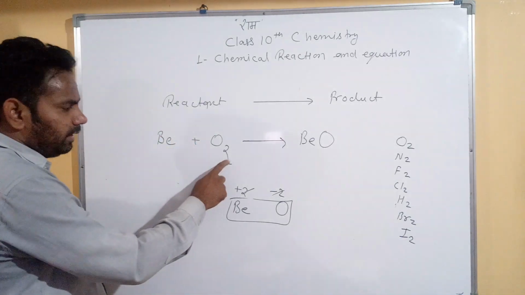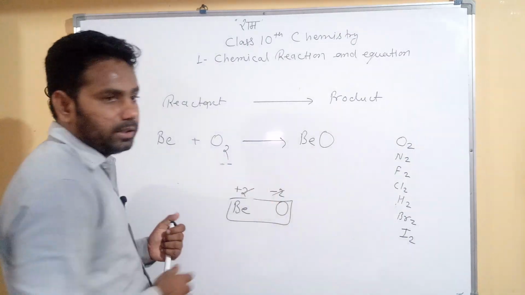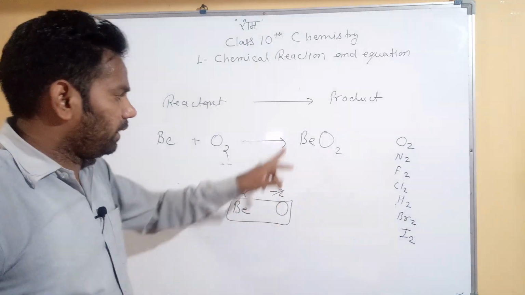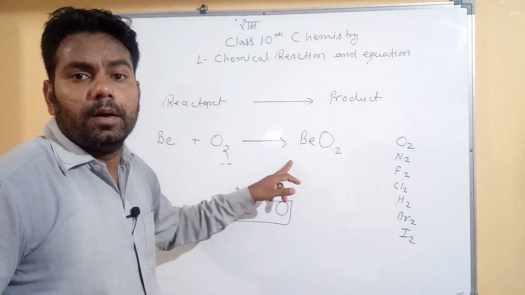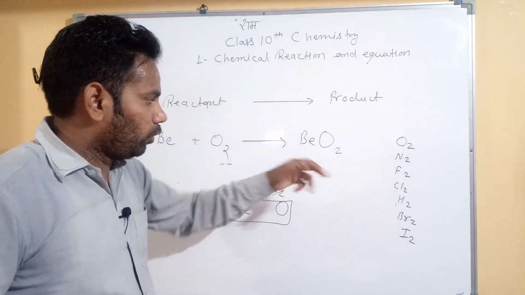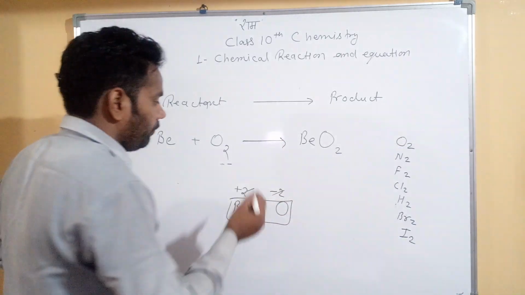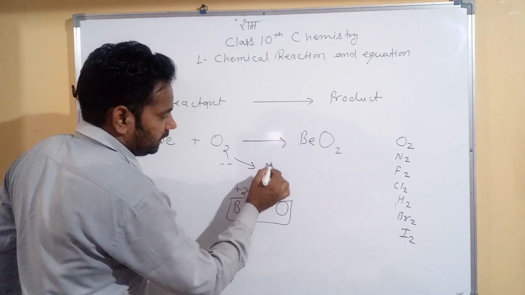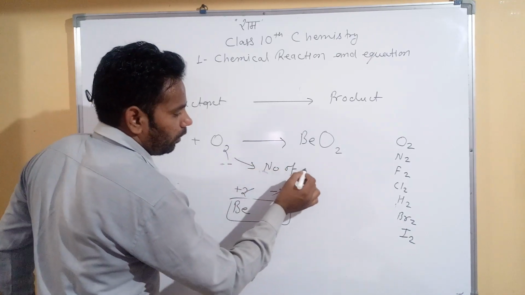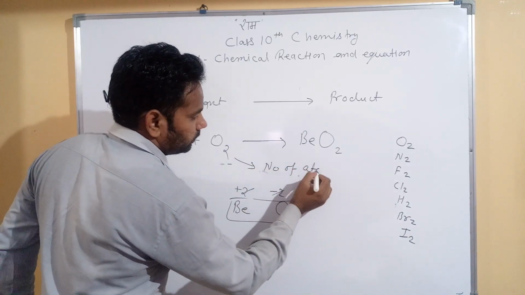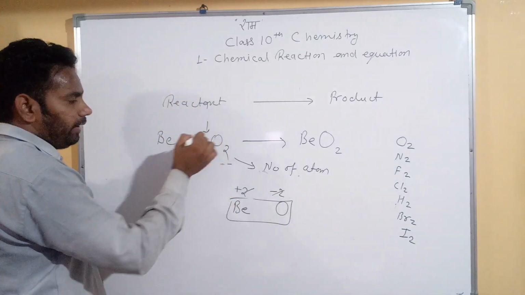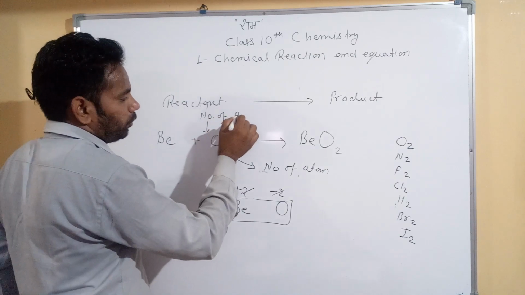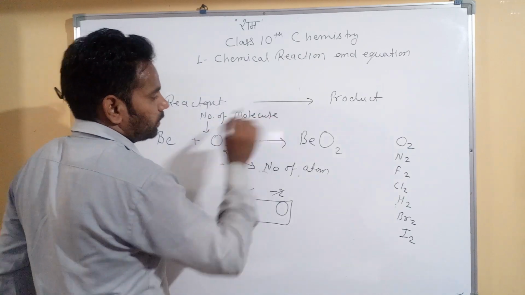You already see, oxygen is 2 on one side but here oxygen is 1. Don't change the subscript. We change the number in front of the chemical compound, because the subscript 2 indicates the number of atoms, and if any number is written in front, it is the number of molecules.